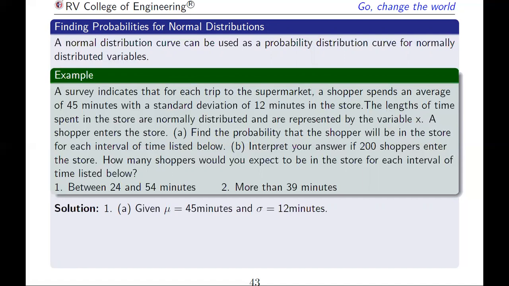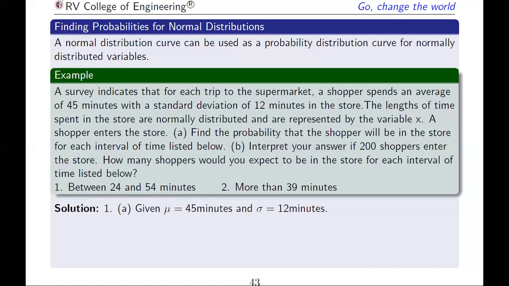Now we need to find out the amount of time that is spent between 24 and 54 minutes by a shopper. So your x is this and the other endpoint is 54. Therefore we need to find out this.